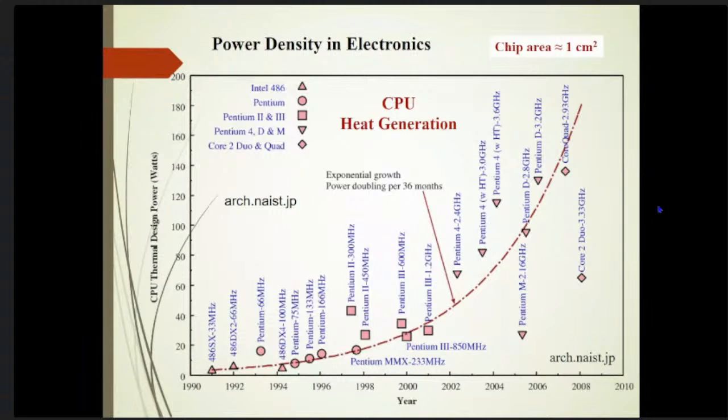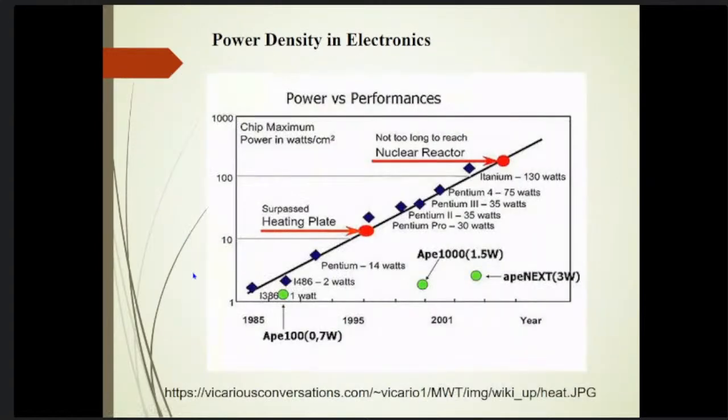If we look at this, the chip size is just 1 square centimeter, and at that chip size the thermal wattage of heat generation is very high, like 100, 200, 300, something like that. So the flux is very high, and if you compare the flux generated at the chip surface, it is approaching the nuclear reaction process.